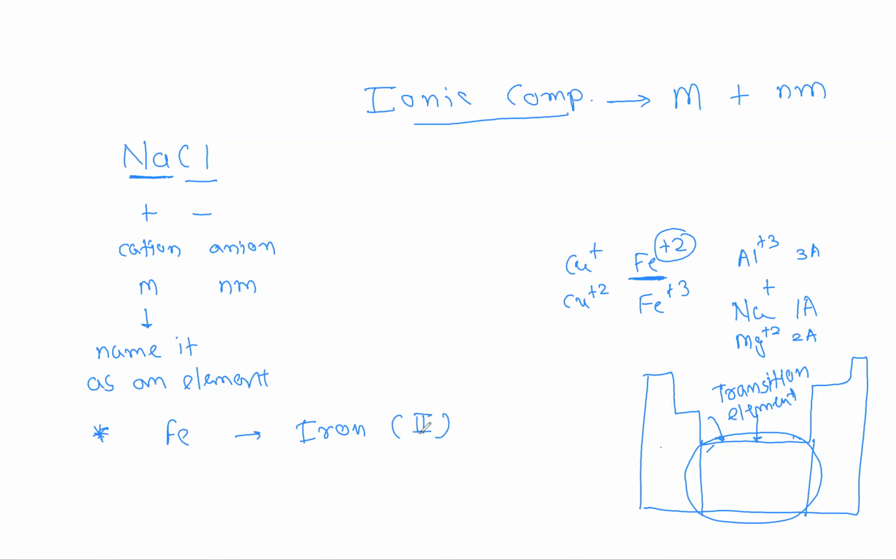We need to specify what charge it carries if an element can carry more than one charge. If an element cannot carry more than one charge, we do not need to specify. For example, NaCl, we are simply going to call this sodium chloride, because sodium cannot have more than one charge. It is always going to be +1. Do you understand?